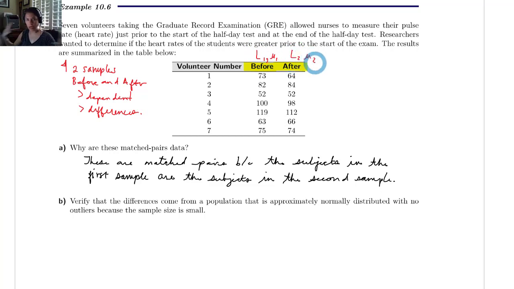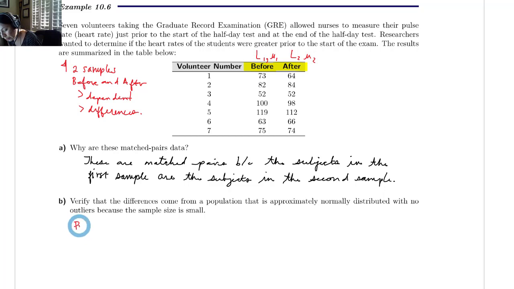Keep it straight, right? So first of all, we need to make sure that the differences are normally distributed and come from independent sampling. The only way to do that with small samples is the box plot and the normal probability plot. So let's go ahead and do that.